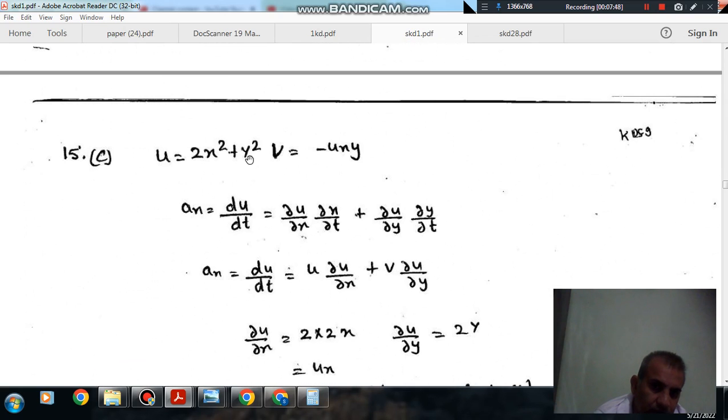So here u is 2x square plus y square and v is equal to minus 4xy.